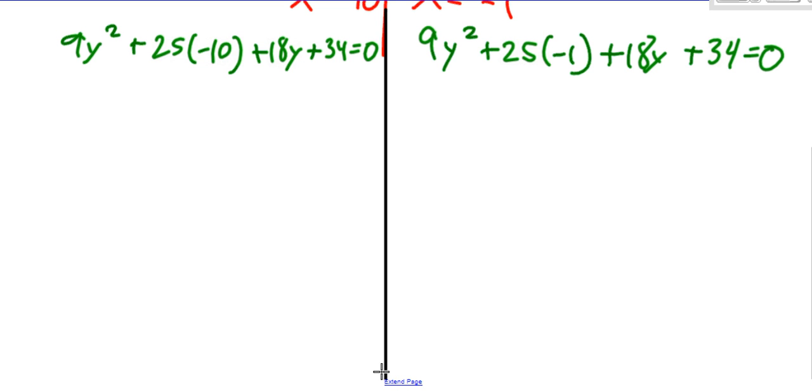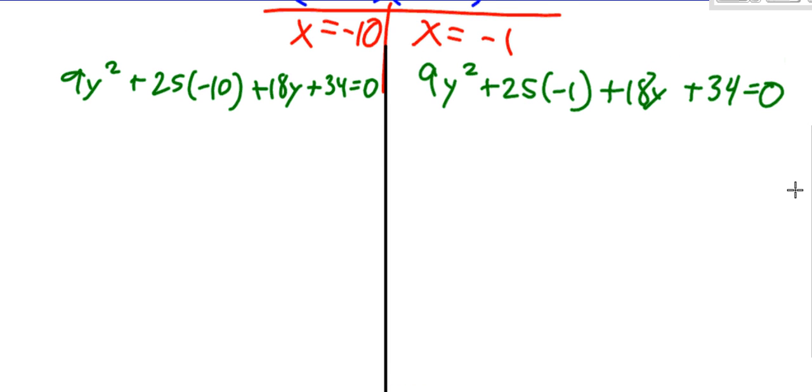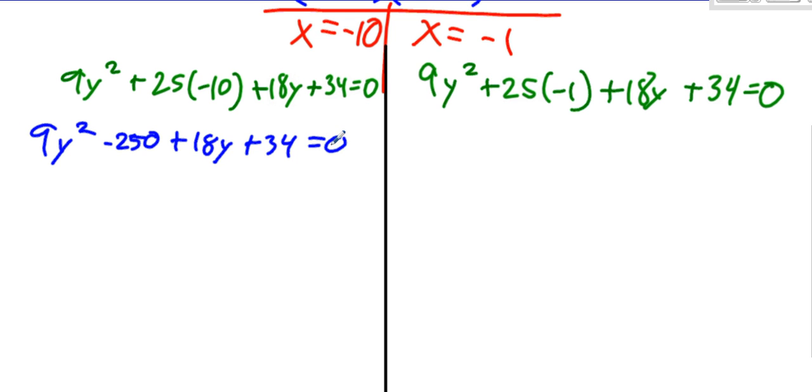So we have 2 equations that we need to solve to get the y values that go with the x values. So we have 9y squared. 25 times negative 10 is negative 250. So that's 9y squared plus 18y. Negative 250 plus 34 is negative 216.